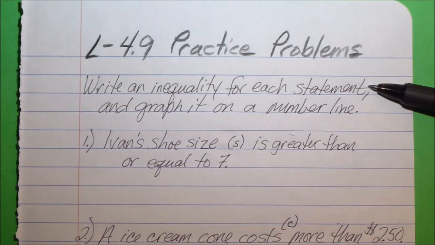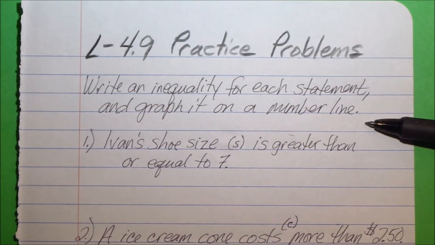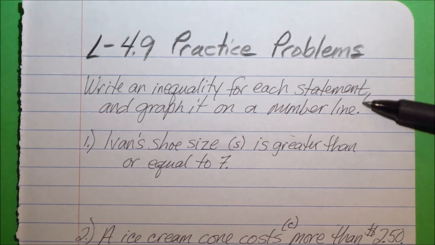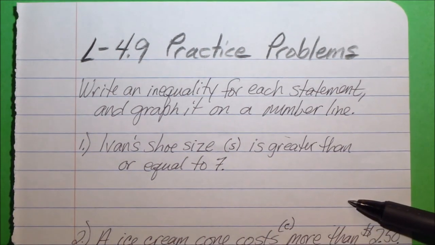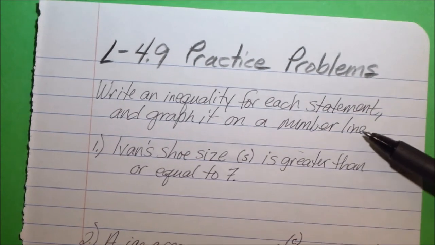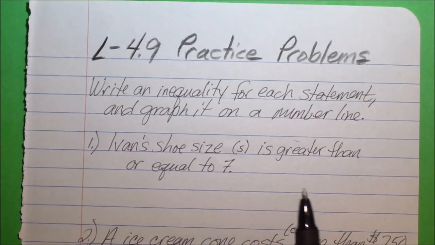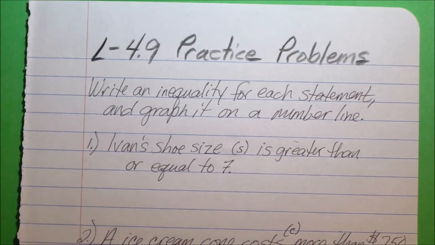Write an inequality statement and graph it on a number line. So all of these are exactly like what you did in your notes with writing an inequality and doing the graphing. All right, so I would suggest that as you do these, you first underline the key words that tell you what kind of an inequality it's going to be. Then you'll write the inequality, and then you'll do the graphing.